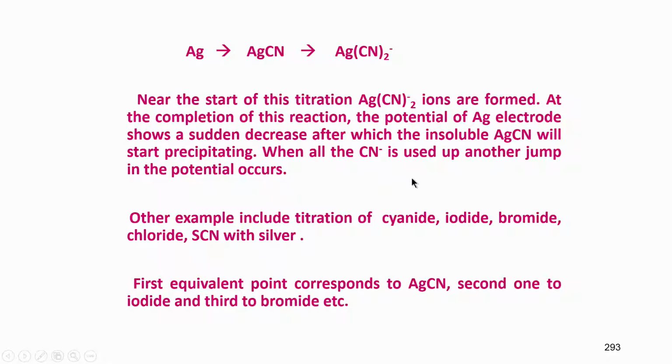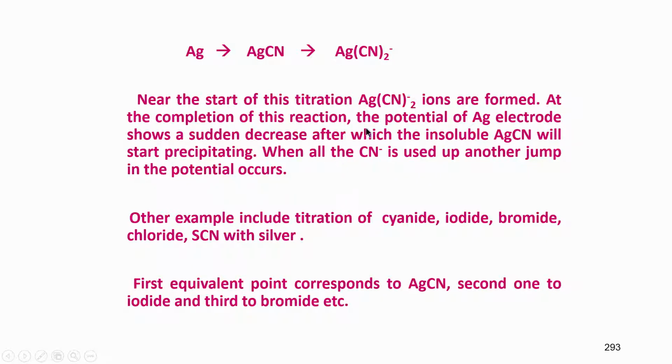Silver will keep on increasing, cyanide will keep on coming down. When they become equal, the concentration of silver and cyanide will be the same. At that time precipitation will start. So, that is the basic chemistry of the system.